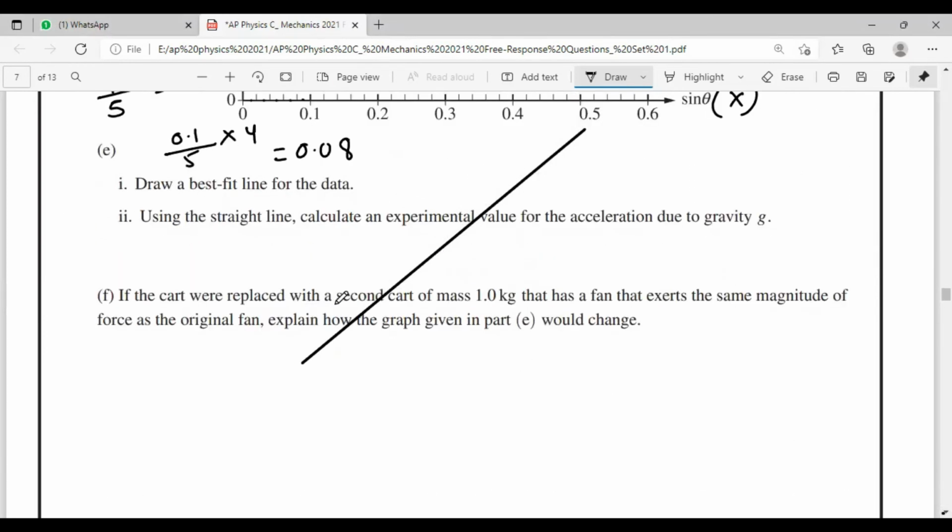If the cart were replaced with a second cart of mass 1.0 kg that has a fan that exerts the same magnitude of force as the original fan, explain how the graph given in part E would change.